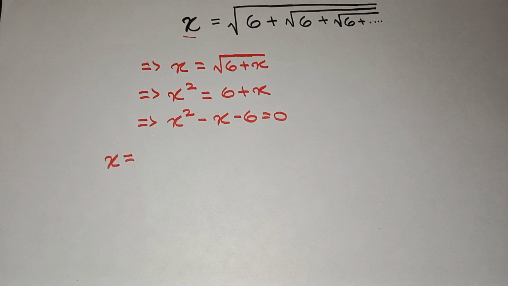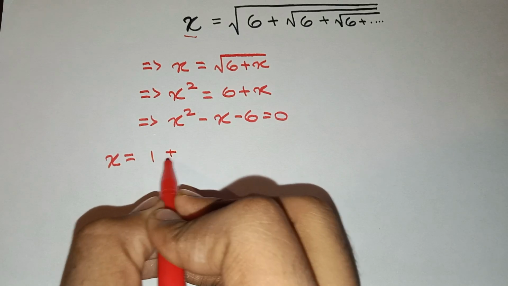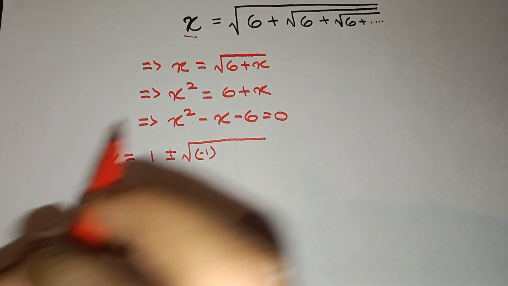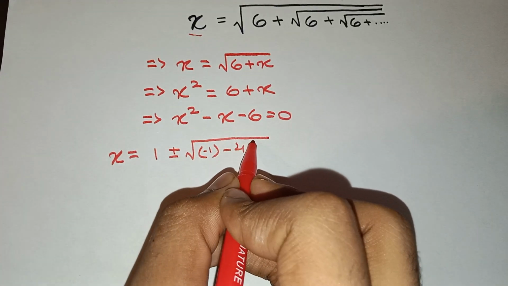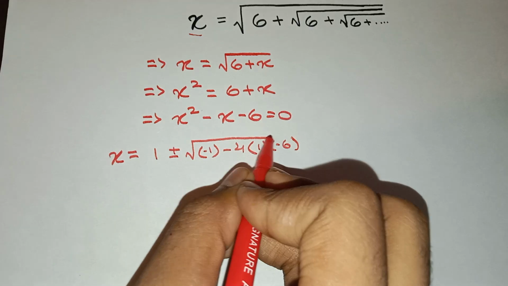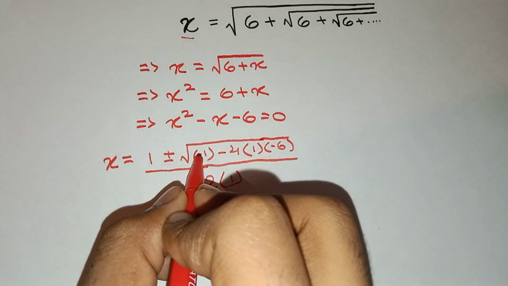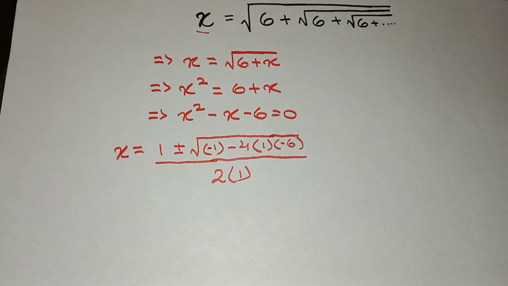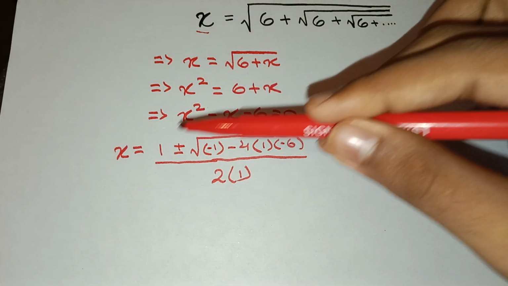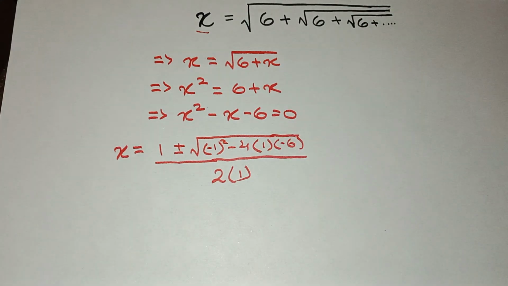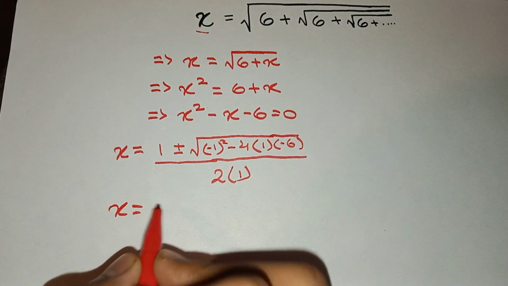Now I am putting the values in the formula. x equal to 1 plus minus square root of minus 1 whole square minus 4ac over 2a. Now we will simplify it further.